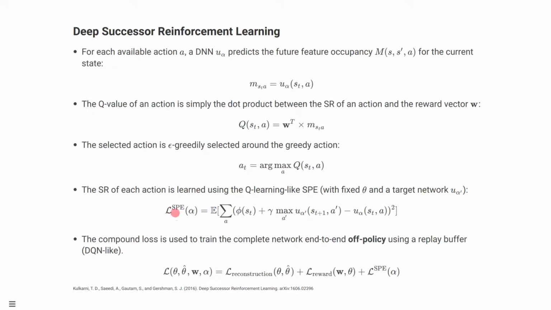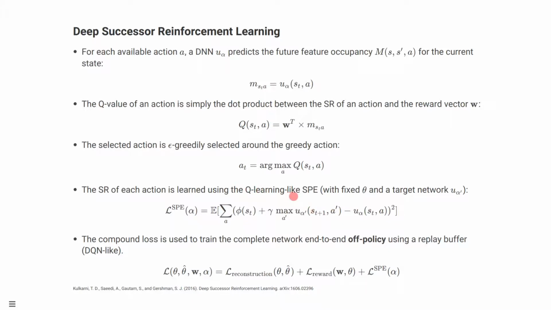The SR of each action is learned, so these weights, of course. You take your SPE, features of the current state, plus gamma, features of the greedy action in the next state, minus SR in the current state.